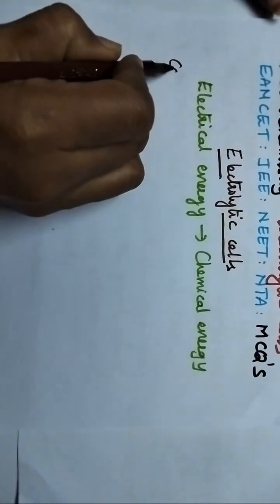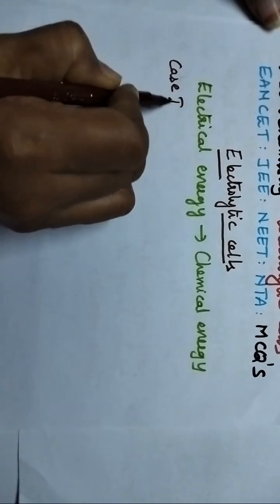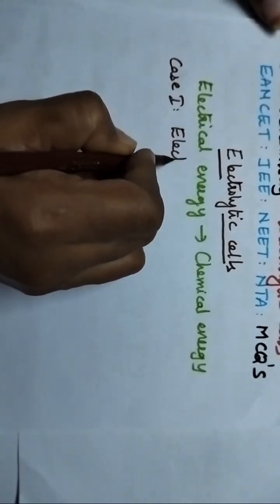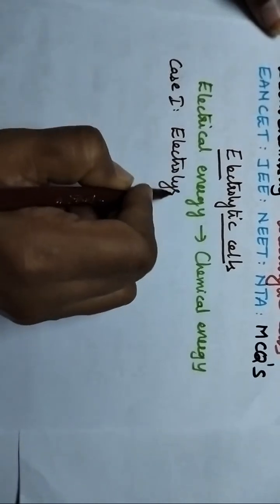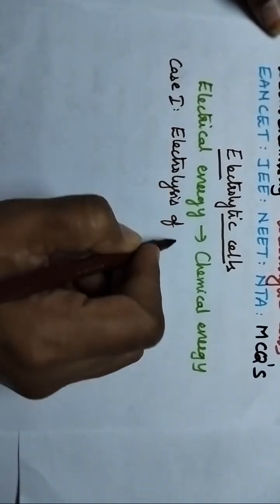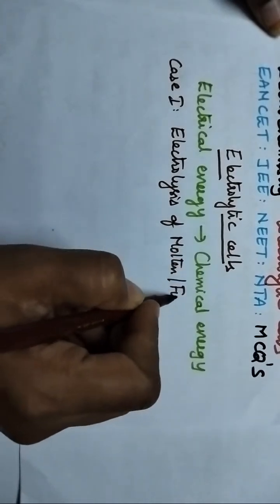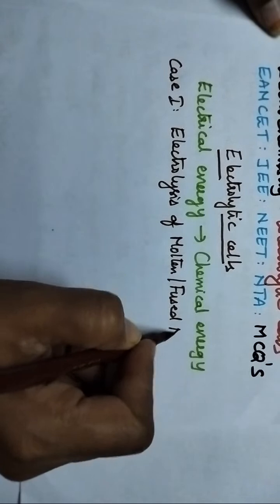So, in the first case, let us consider the electrolysis of molten or fused NaCl.